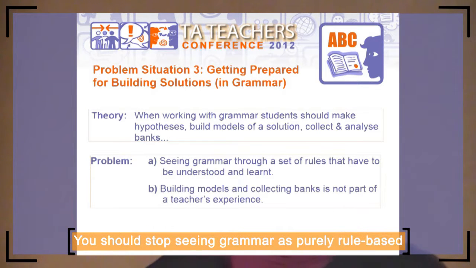I have never collected banks of sentences, which means this is not part of my personal experience, and which makes it very difficult to get rid of this rule-like thinking about grammar, that there is a rule and that there is a correct answer. It's very difficult to get rid of it.